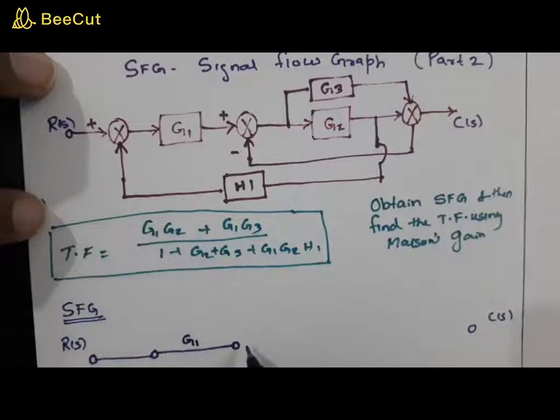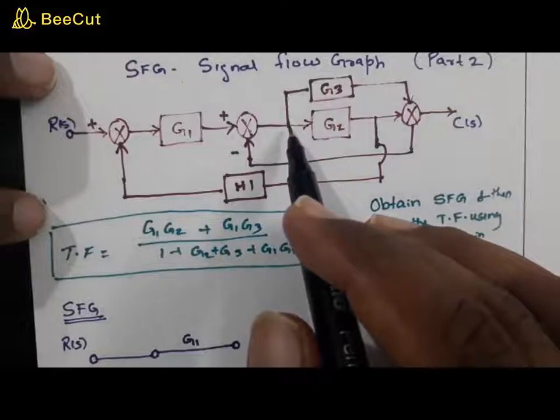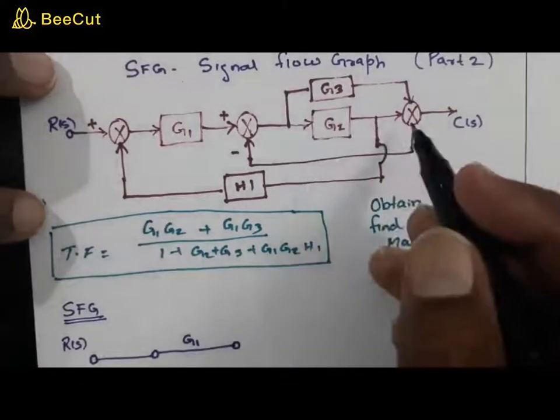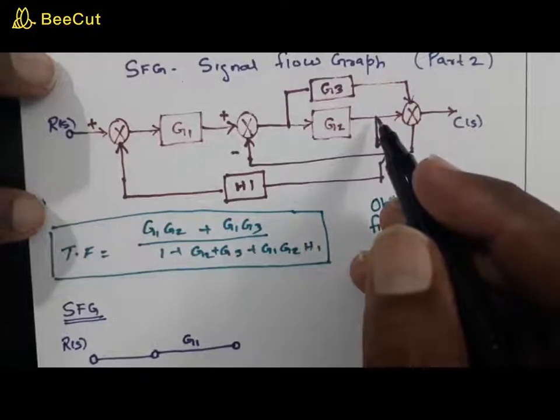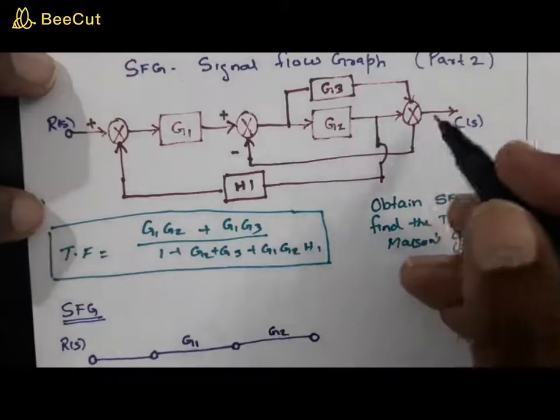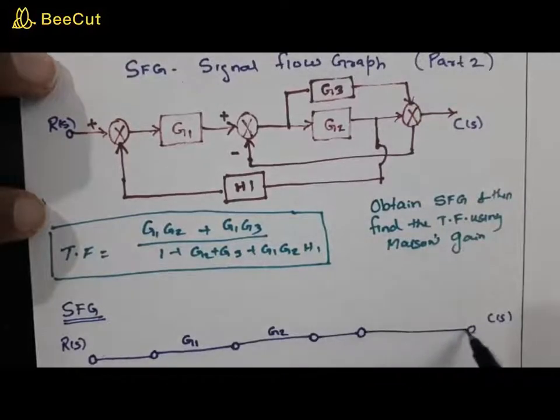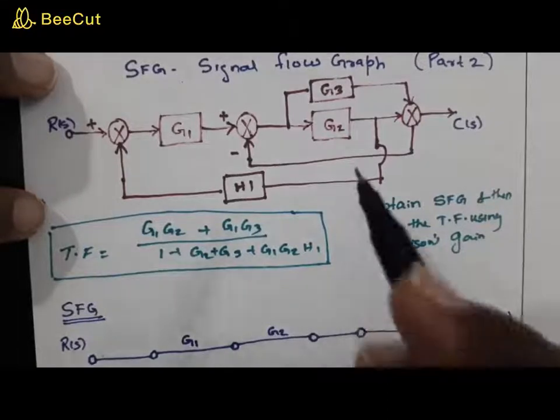And then you have a takeoff point, and let us consider this one as a separate node. Between this takeoff point and this summer you have a transmittance G2, and after that you have a summer. Now look at this.